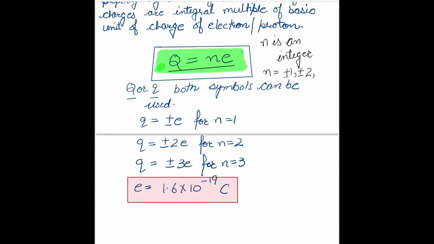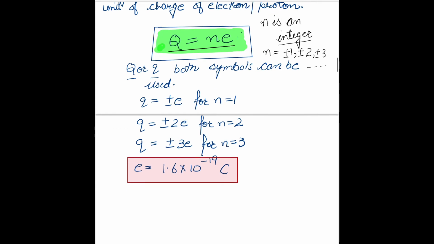There is no restriction on N that it should be positive or negative. The only condition on N is that it should be an integer, right? So N cannot be fractional. It cannot have decimal values.